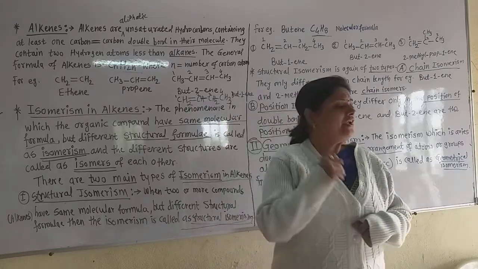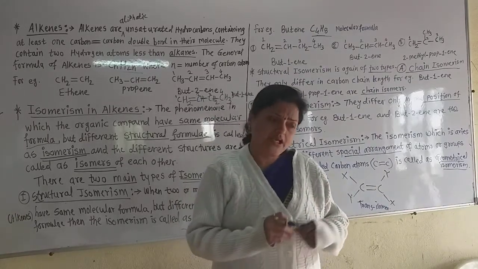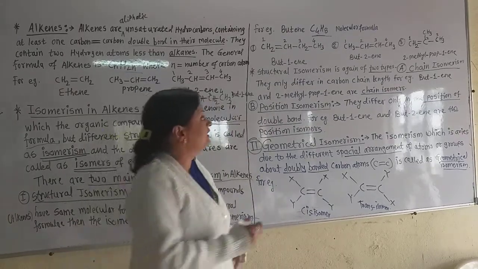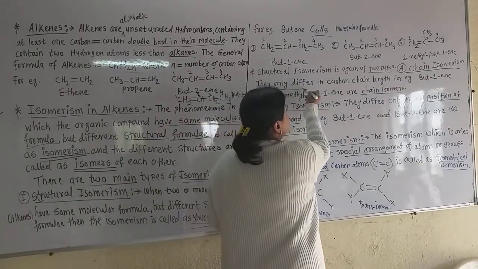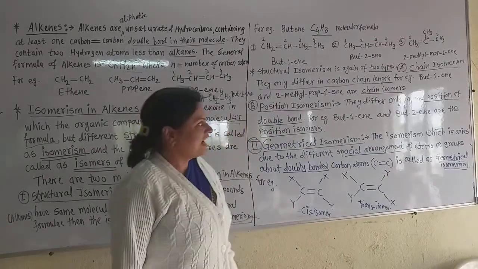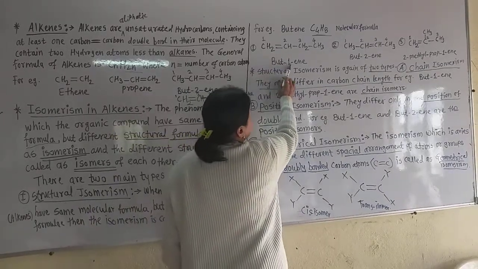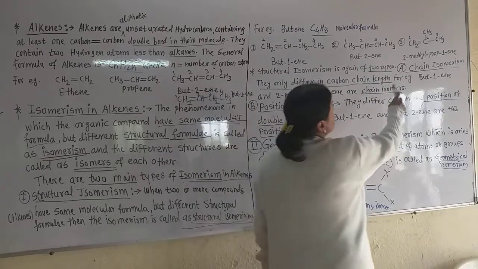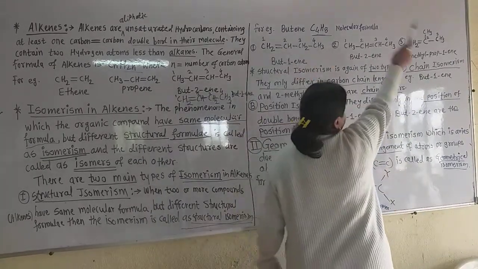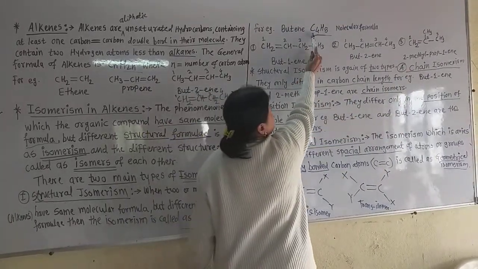Then how can we identify the chain isomers or position isomers? As the name suggests, in chain isomerism they differ only in the carbon chain length. Suppose see here, this is but-1-ene and the third one is 2-methylprop-1-ene. In these two, first and third structures, the molecular formula is the same, C4H8.